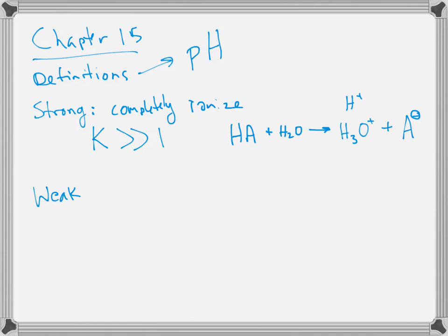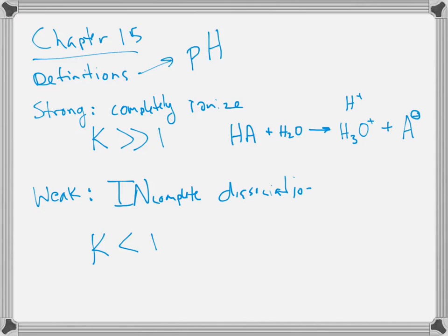What happens when we shift to a weak acid or base? Not quite complete, it's an incomplete dissociation. What does that mean about our equilibrium constant? K is usually less than 1.